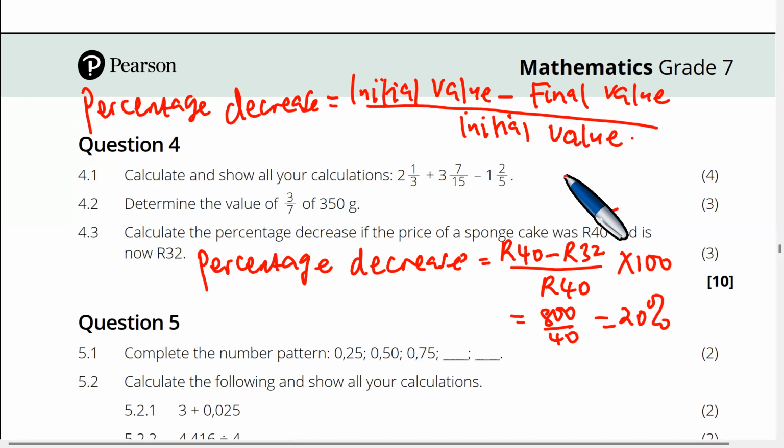Okay, so that is the answer. So the answer is 20%. So percentage decrease is the initial value minus the final value divided by the initial value. That's something you obviously need to realize.